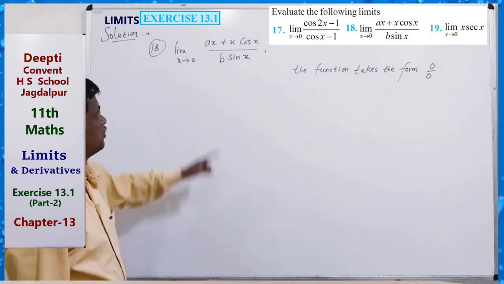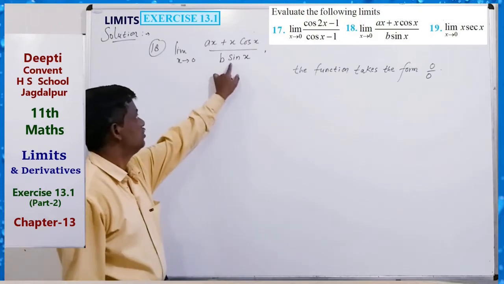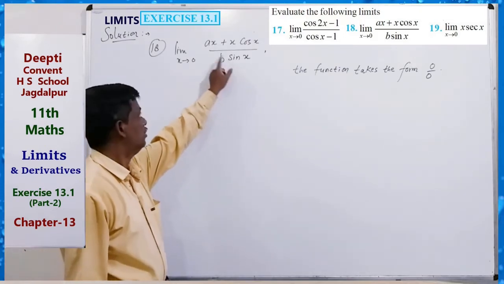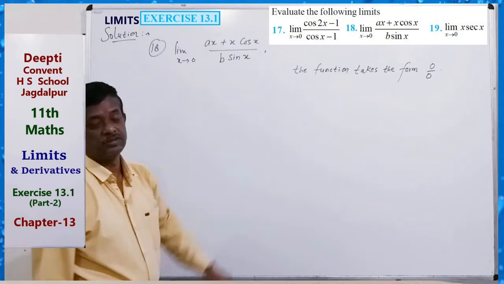Okay, it is also of the form: at x equals to 0, sin 0 is 0, so 0 by 0.